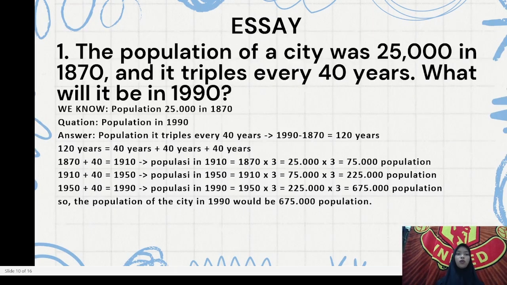So the population of the city in 1990 would be 675,000.